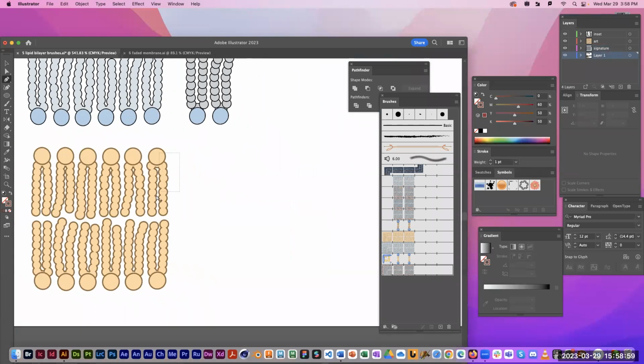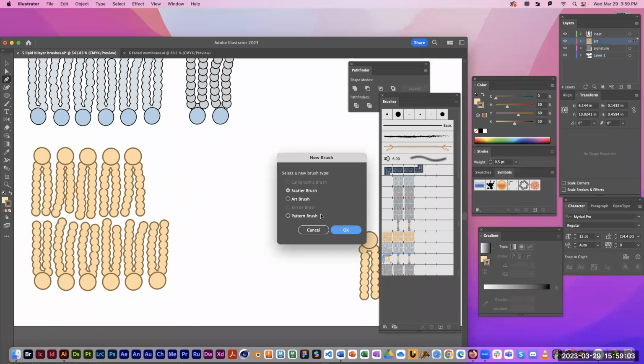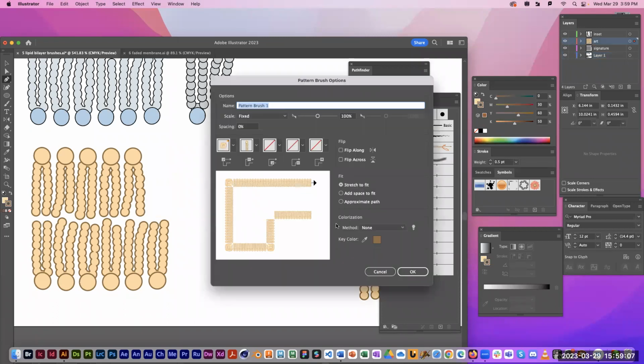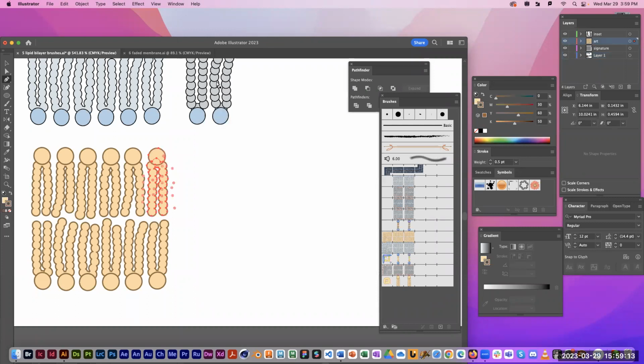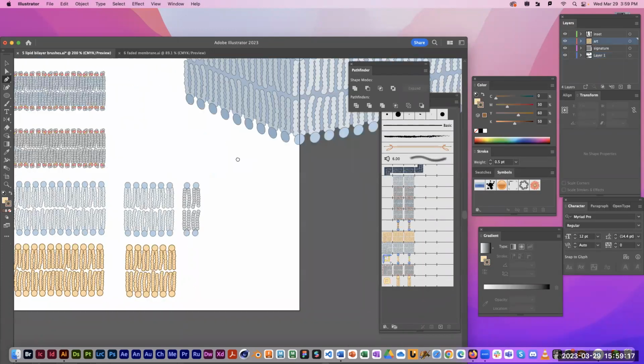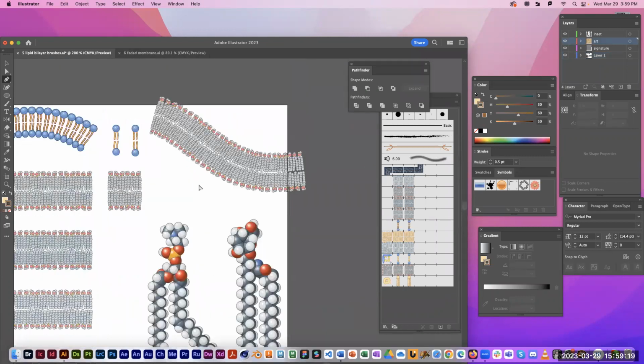And then the newer ones are down here. You could just take one of these and turn it into a pattern brush, just one. But then you'll see what happens when I apply that to my path.